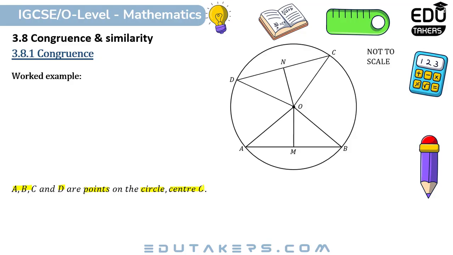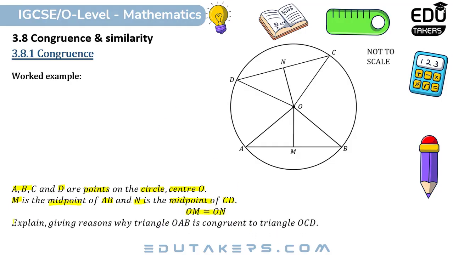The center is O. M is the midpoint of AB and N is the midpoint of CD. OM is equal to ON. Explain, giving reasons, why triangle OAB is congruent to triangle OCD.